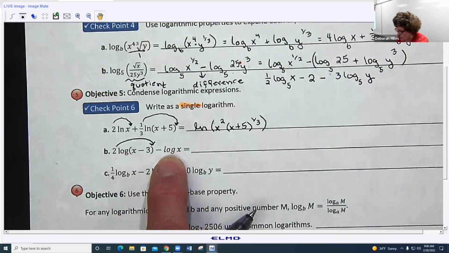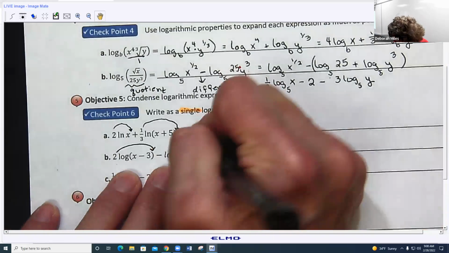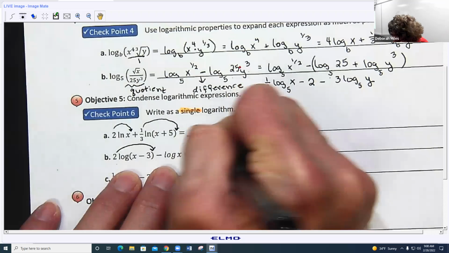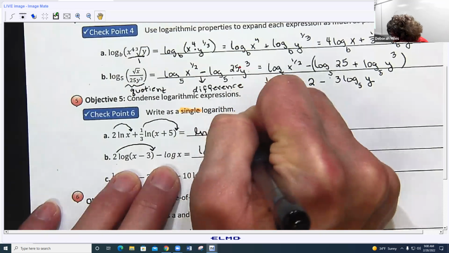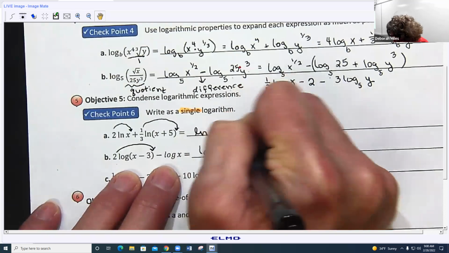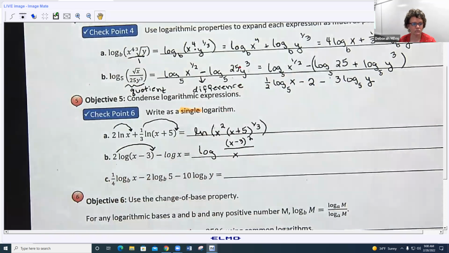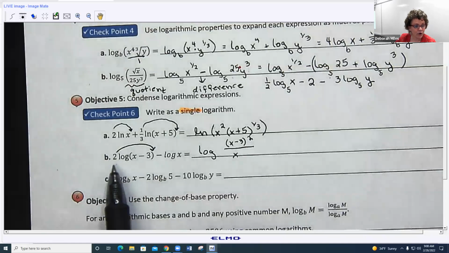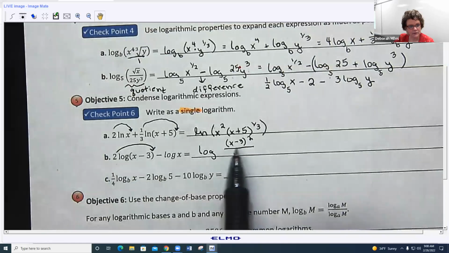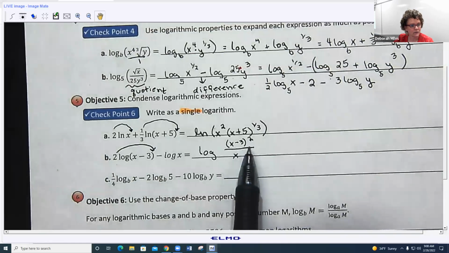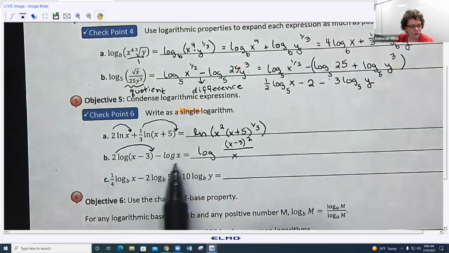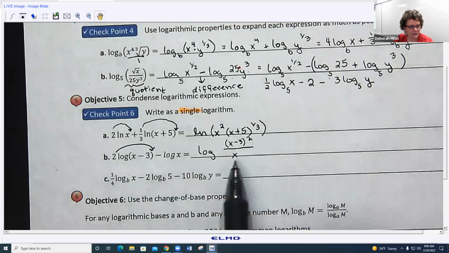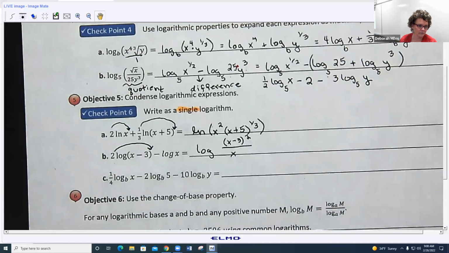The difference of two logs is put back together as the log of a quotient. And notice that the log that had a positive coefficient, that factor ended up in the numerator. The log that had a negative coefficient, its argument ended up in the denominator.